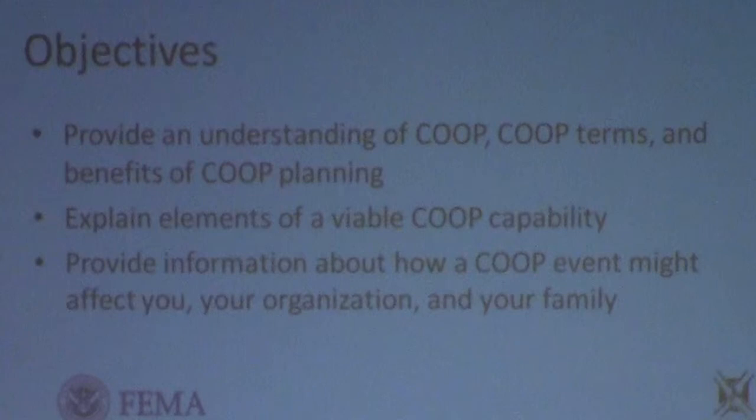The objectives are to provide a little bit of insight to the COOP process, to define terms, to explain elements of a viable COOP, and to provide insight to what might trigger a COOP for your organization and for your family. We're going to be talking a little bit about defining the scope of a COOP and the authority for the COOP, and that's very important.